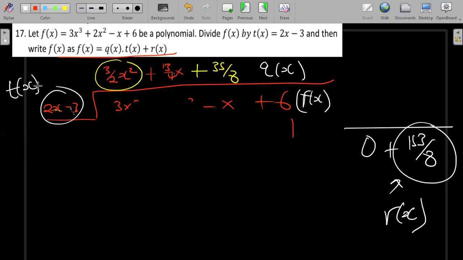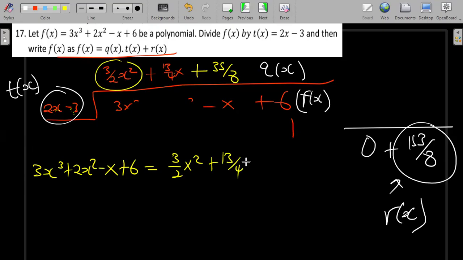Okay, so we're going to say f of x, maybe I should write the actual things. So f of x, 3x^3 plus 2x^2 minus x plus 6, is equal to the q of x, which is this, plus 35 over 8.